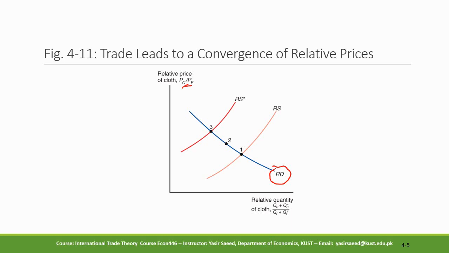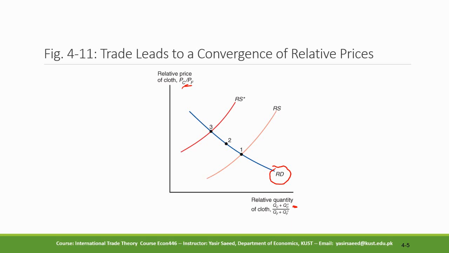Let us talk about the relative quantity of cloth, that is QC plus QC star. QC is the quantity produced at home and QC star is the quantity produced abroad. So the relative quantity is the summation of both quantities of cloth and similarly both quantities of food. RD, the relative demand as discussed, is the same.